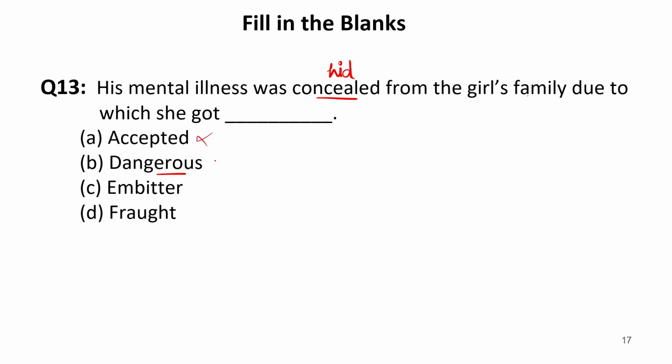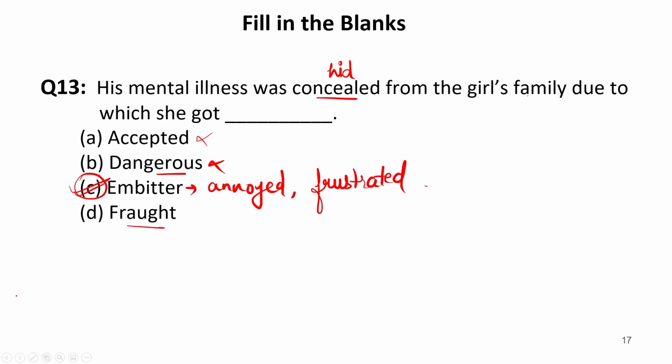Dangerous is an adjective. It is not required over here. It is embittered. Embittered is the correct answer. Embittered means to get annoyed, frustrated. So this is absolutely the correct word, the suitable word to be filled in this blank. Fraught is when someone is filled with something. It can be anything. So fraught is also not suitable over here. So our correct answer will be C.